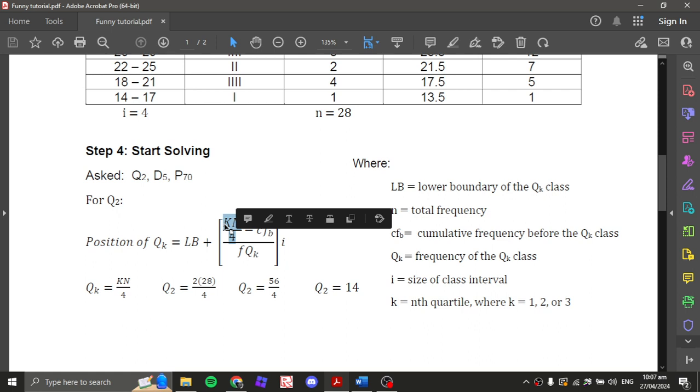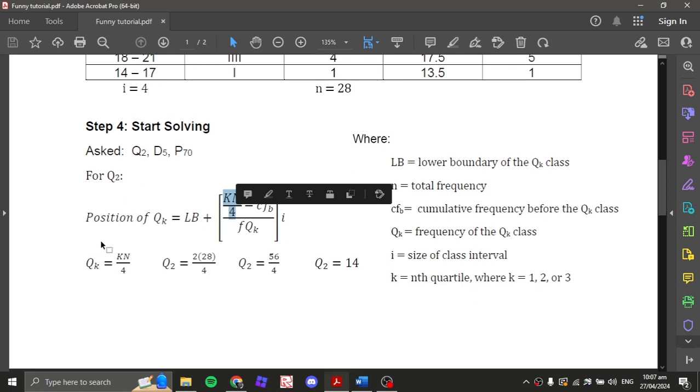There are 10 equal parts in a decile. There are 100 equal parts in percentile, so it would be kn over 100. But for quartiles, we divide it by 4 equal parts. So this is the formula.